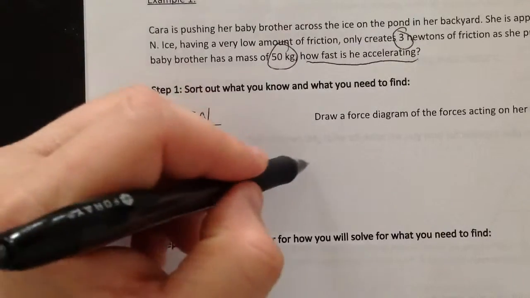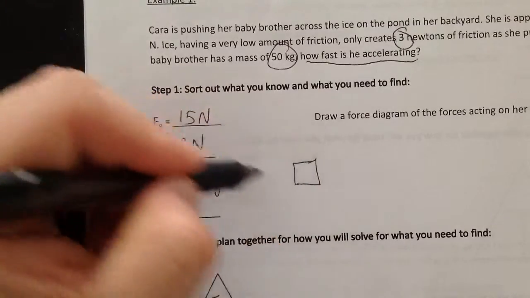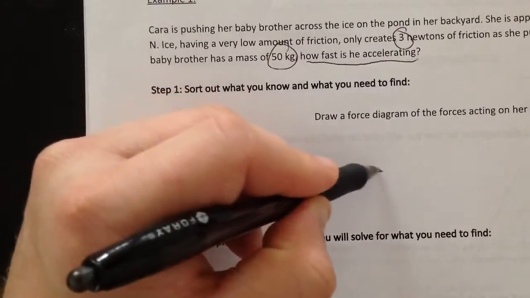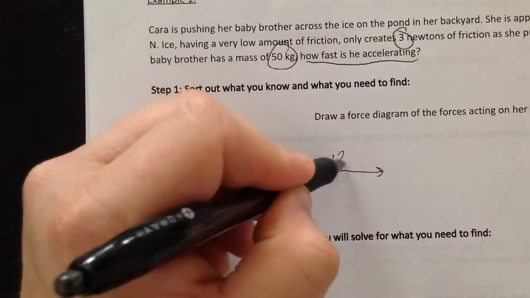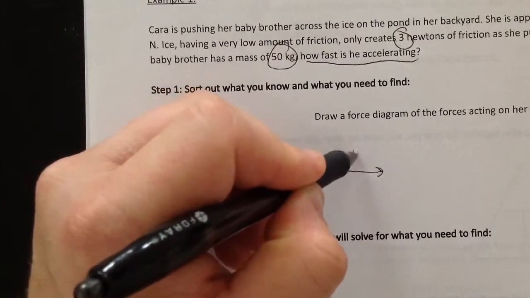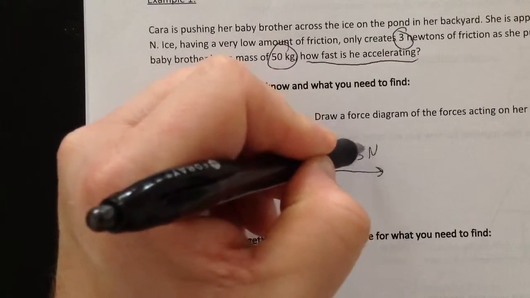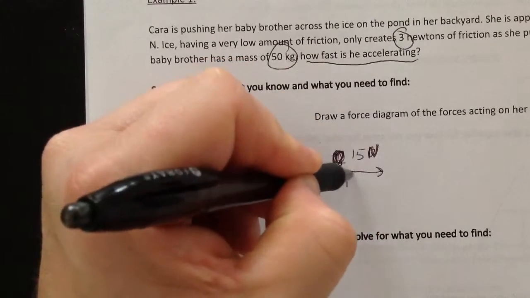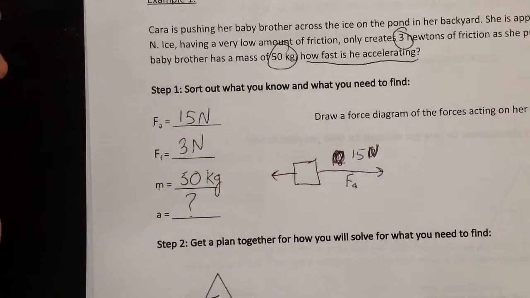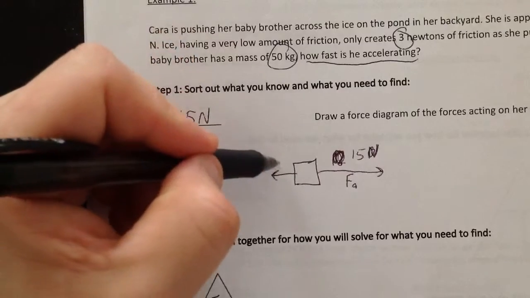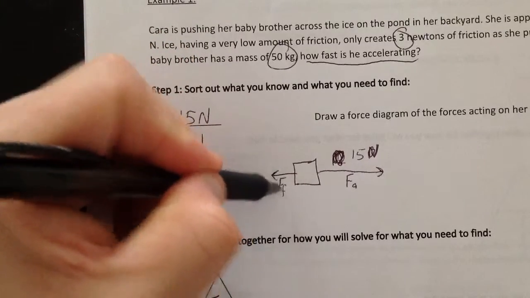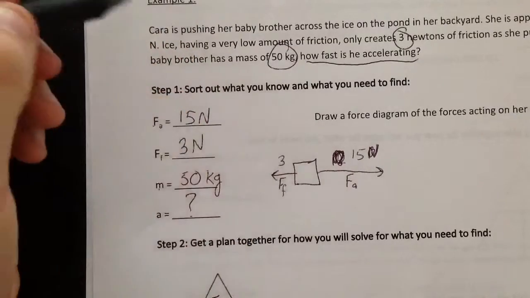To draw that force diagram, here is the brother. We have 15 newtons of the applied force. Sorry, that got really messy. Opposing it, we have the force of friction, 3 newtons.